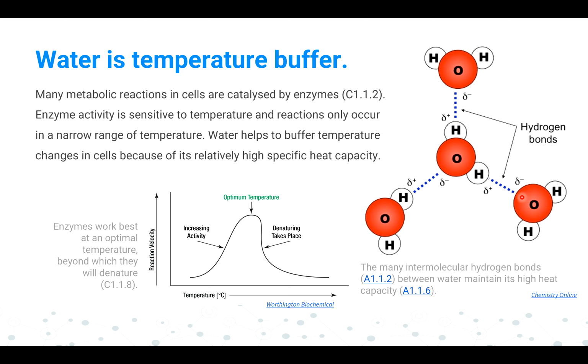You can see between two delta negative there is a delta positive charge which hydrogen has. So this bonding is continuously going on, and it makes the compound more stable and also helps in maintaining its high heat capacity.